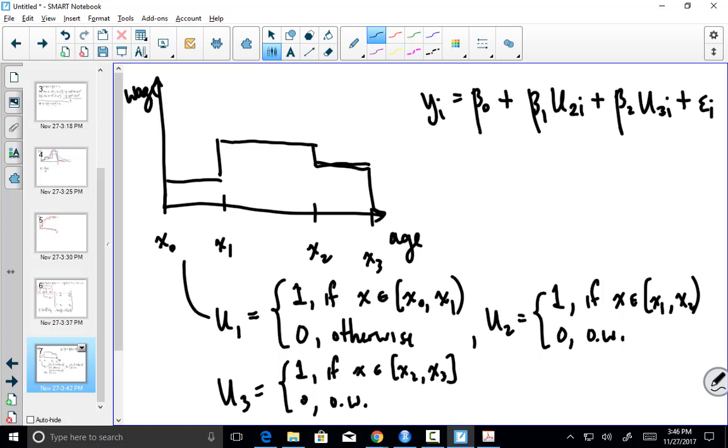Then remember u2 and u3, both of them are either 0 or 1. If u2 and u3 are both equal to 0, that means that the corresponding x is in that first bin. So we have an interpretation like this. Beta 0 is the expected value of y when x is in bin 1.